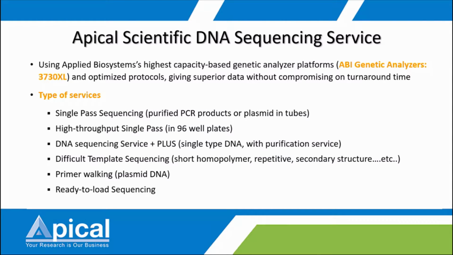Single pass sequencing is for purified PCR product and also plasmid samples that you send in tubes. If you want to send the samples in a 96 well plate, yes, you can; just order high throughput single pass sequencing.